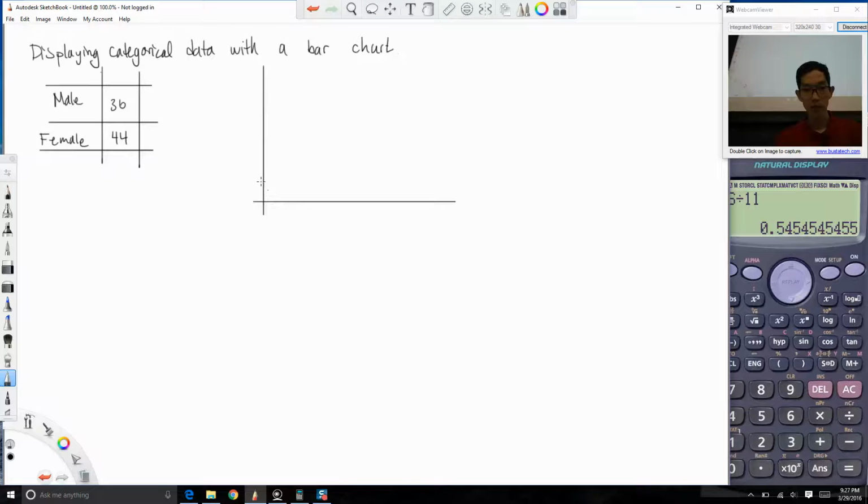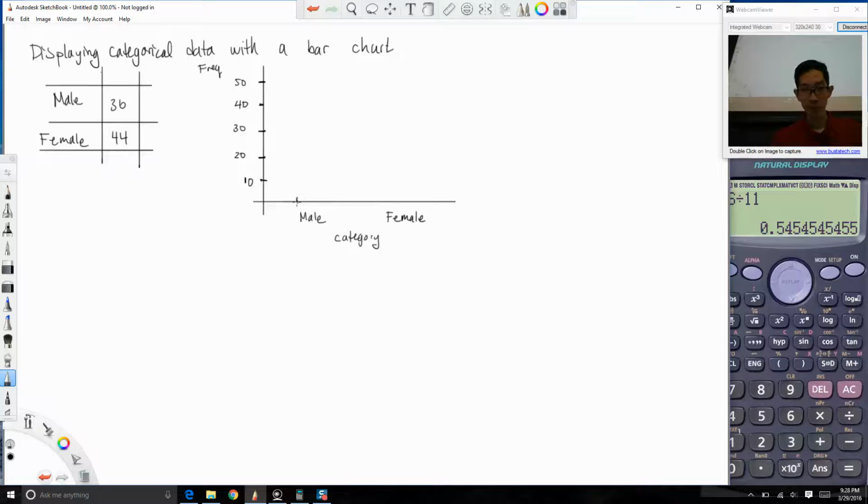on your vertical axis you would need some kind of numeric guide. This would be our frequency up over here, and down over here we would have our categories, a category for male and a category for female.